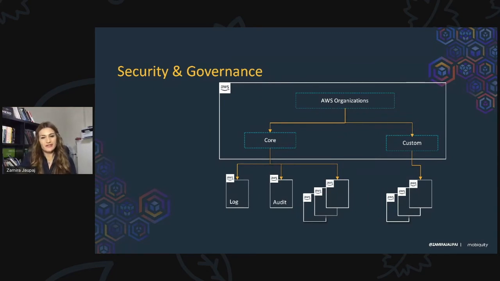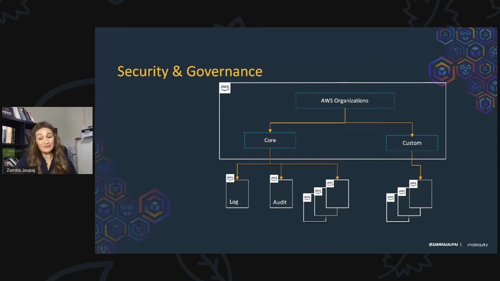Another important thing about Control Tower is that it gives you an AWS organization and allows you to create groups of AWS accounts. In which way? Let me give you a tangible example. I work at Mobiquity, and we use AWS accounts, obviously.